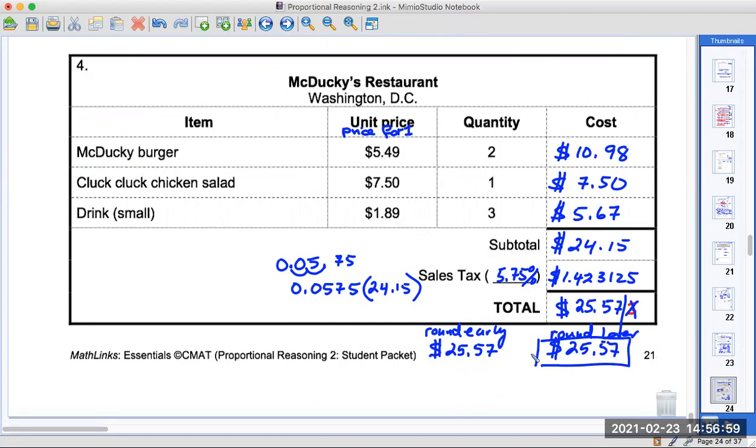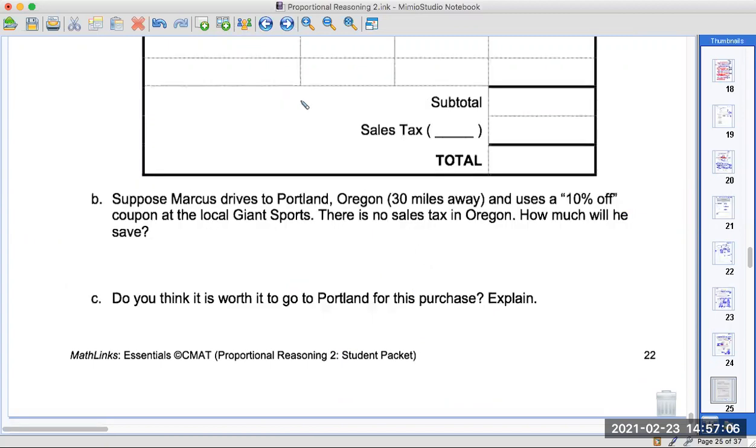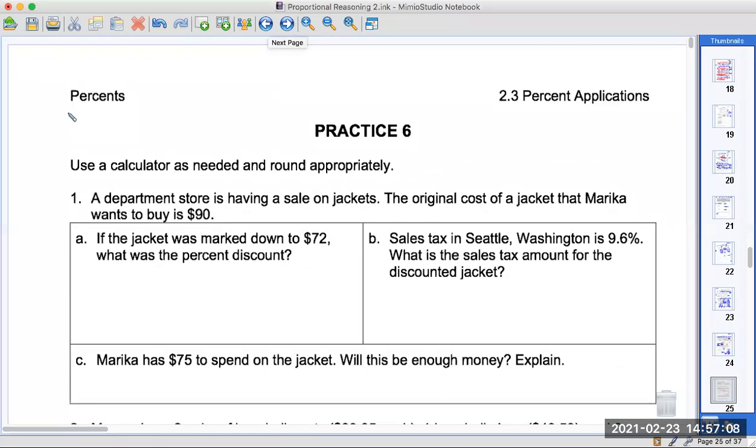So this was page 21. Let's see where we're at. We have one more page, 22, and that page is homework. So I have a little note here that I want to give you. Use a calculator as needed and round appropriately.